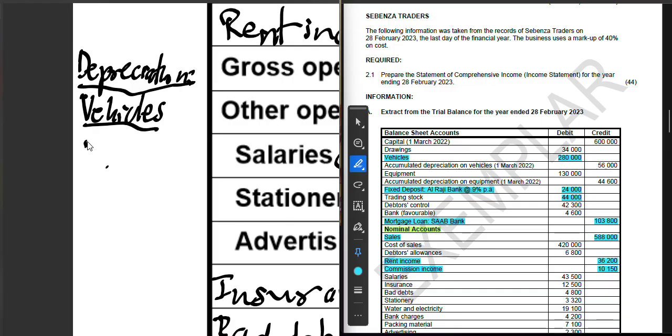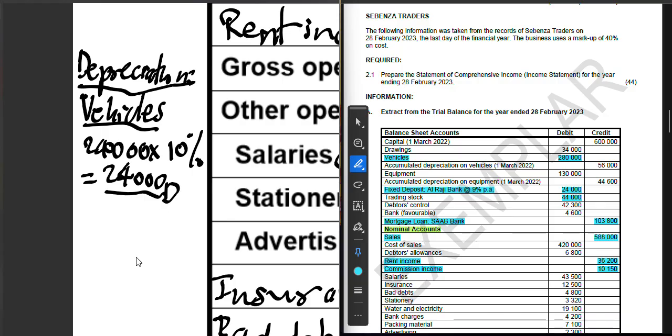That's 240,000. Let me put another zero there. Okay, 240,000 multiplied by 10%. Now, usually if you want to take a shortcut, for 10% you just remove the last zero, that is 24,000. Okay, so this is depreciation on vehicles.